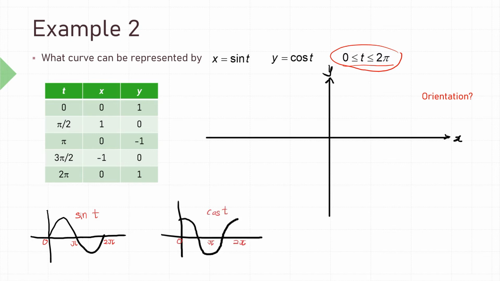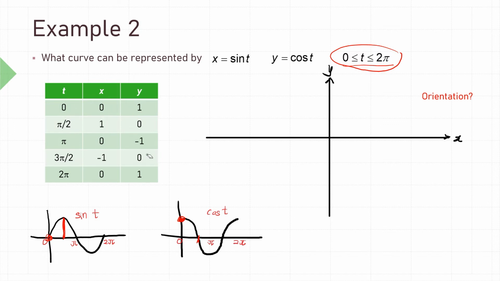For example, when t is equal to 0, sine is 0, that's why I got 0 there. For t equal to pi over 2, I get 1 because that's sine. For cos, when t is equal to 0, y equals 1, and when t equals pi over 2, y equals 0. That's how I get this, right?